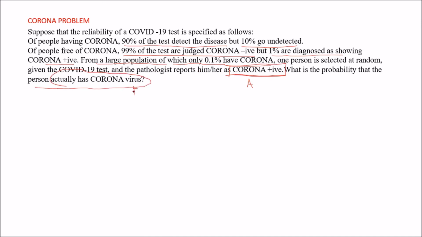This is your E1. So E1 is the event of actually having corona. E2 is no corona. So what is the probability of E1? Probability of E1 is this one.